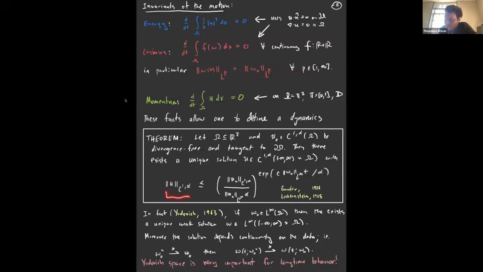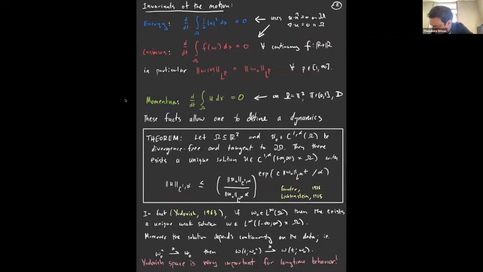But the solution can grow. So the best bound you can get from general proofs is that the size of the solution in that space can be double exponentially big in time. And in fact, this is known to be sharp now. So there's a construction by Kiselev and Šverák that realizes this on the domain of a disk.